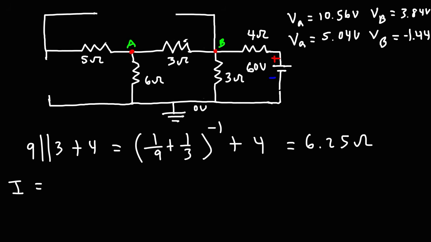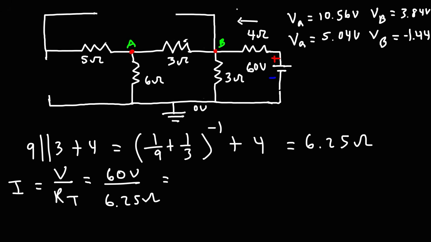Now, to calculate the current flowing from the battery through the 4 ohm resistor, it's the voltage of the battery divided by the total resistance across the battery. So it's actually 60 volts rather. 60 divided by 6.25 ohms. So the current flowing through the 4 ohm resistor is 9.6 amps.